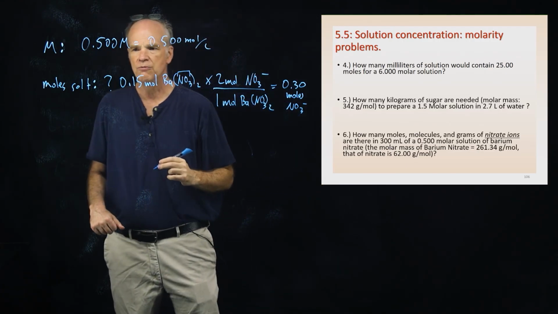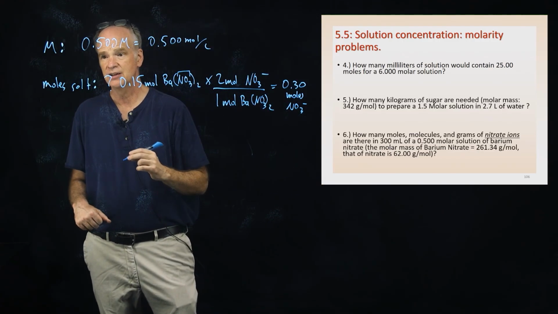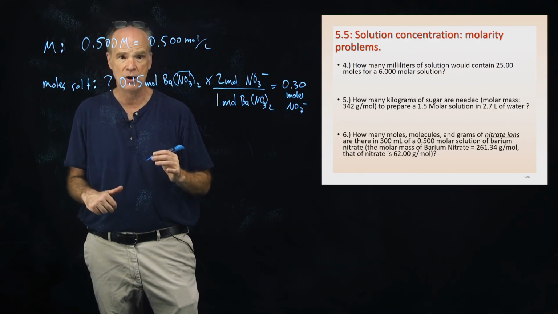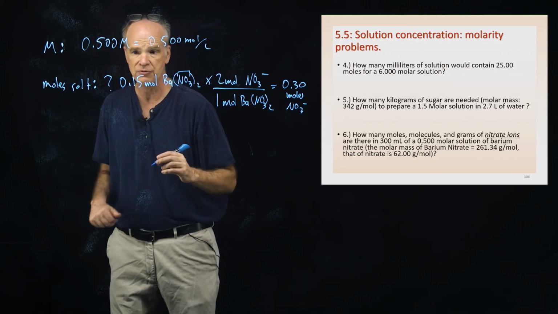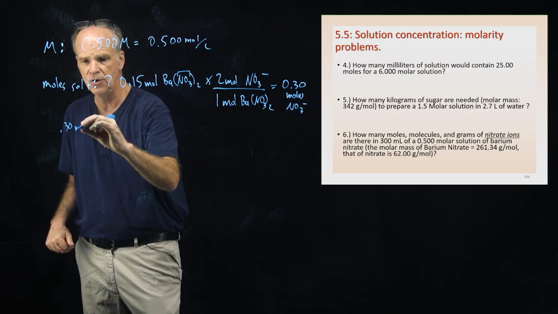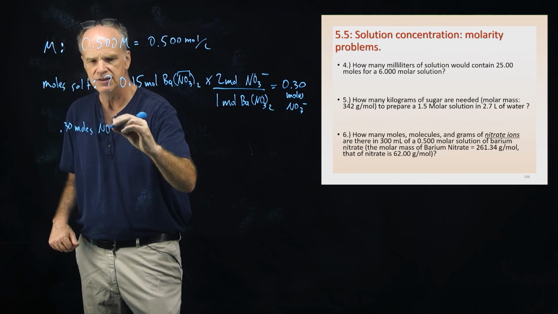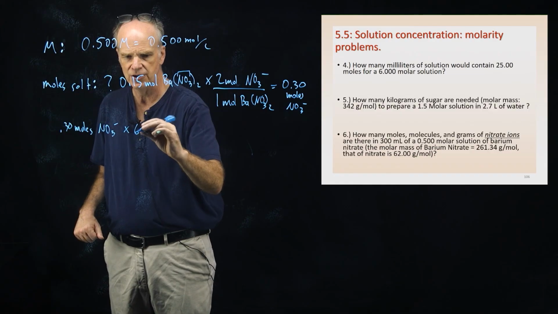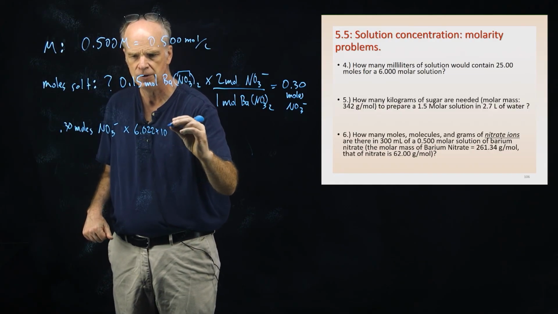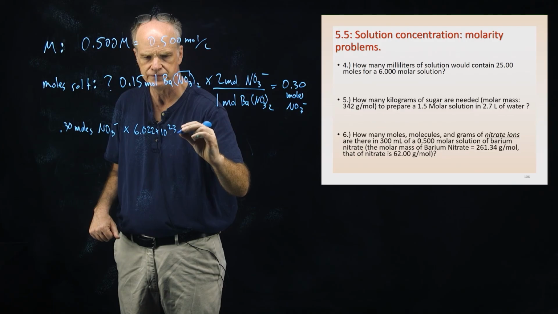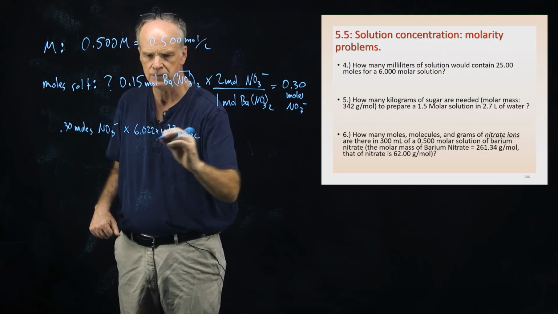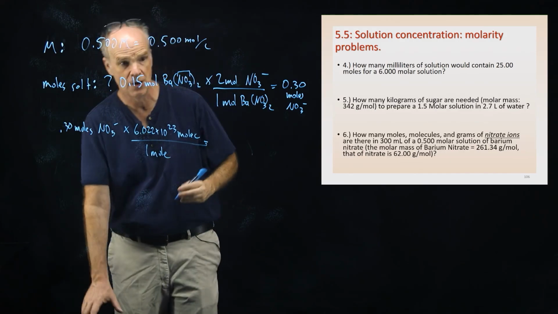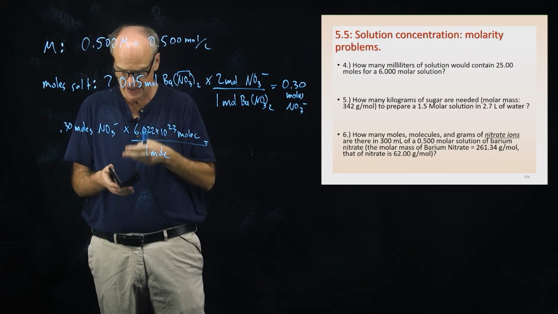Okay, but we need to get more information. One piece of additional information that we need is the molecules of nitrate ions. So if we know we have 0.30 moles of nitrate, what we can do is multiply this by Avogadro's number. And that should be the molecules of nitrate. So let me go ahead and do that.